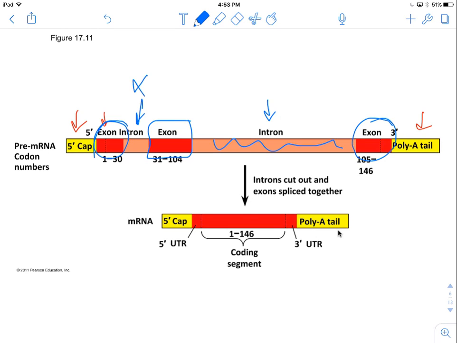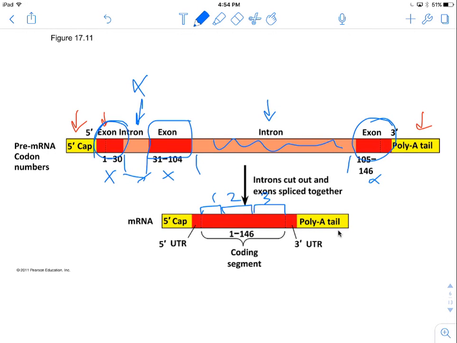So what we basically need to do, in order to make our protein continuously, is just put exon 1, exon 2, and exon 3 together. So what splicing does is it cuts the introns out, okay, and splices or joins the exons together. Okay, so exon number 1 is here, exon number 2 is there, and exon number 3 is there.